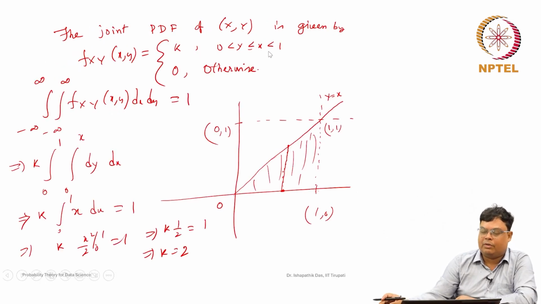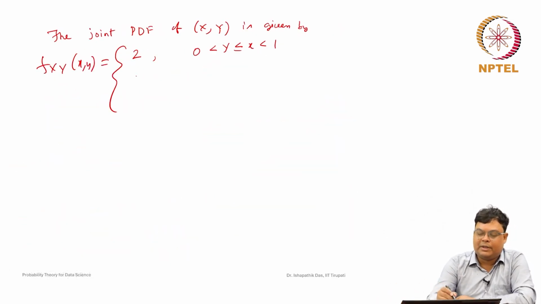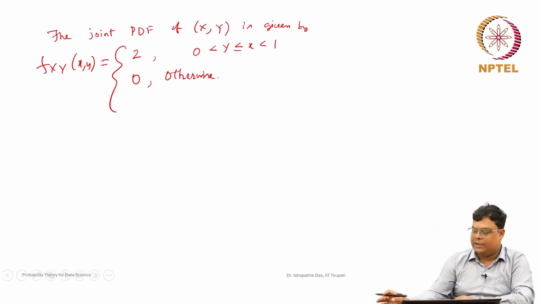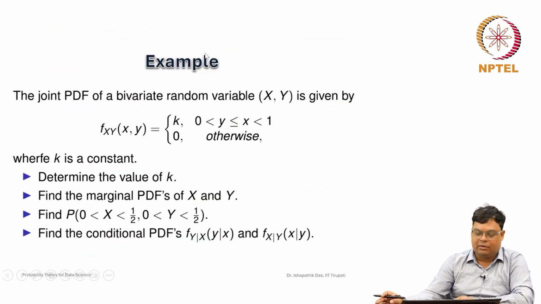Because it is a continuous random variable, whatever is given, we are just writing here, and 0 otherwise. So this is the joint probability density function. We found that k is equal to 2.